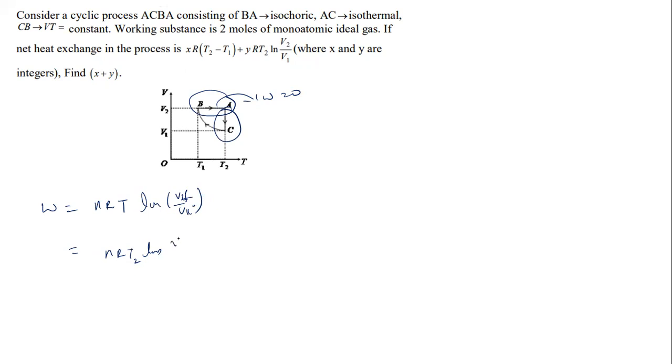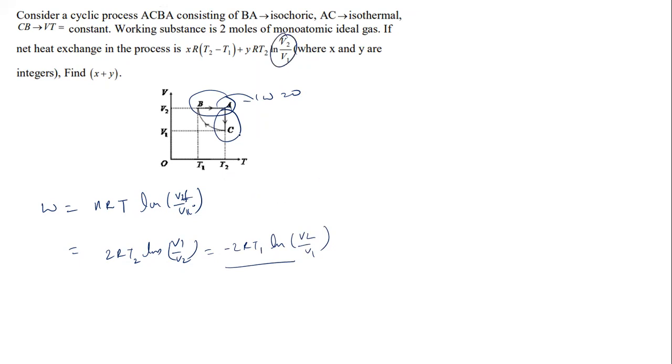Clear? ln V1 by V2. Number of moles is 2. Clear? So this will be equal to minus 2R T1 ln V2 by V1. So because they given here V2 by V1.